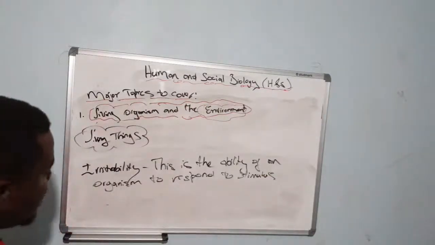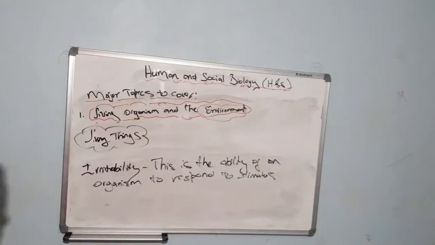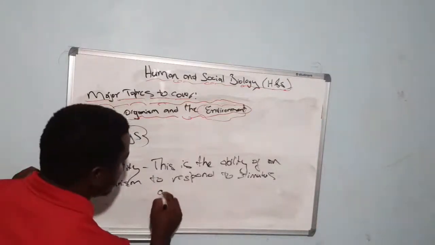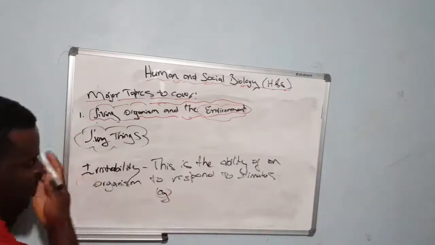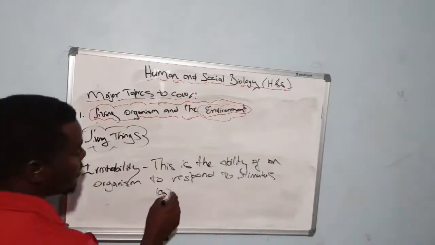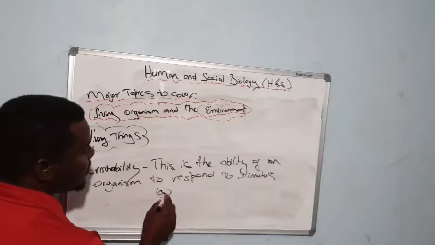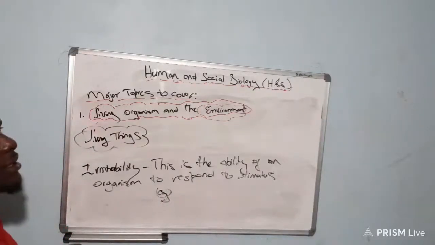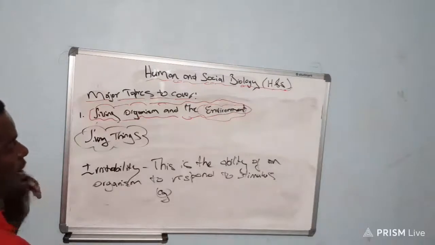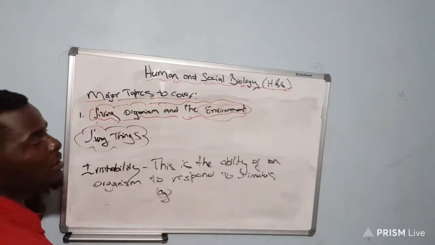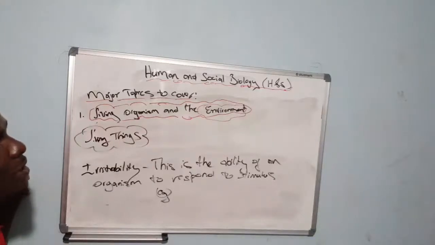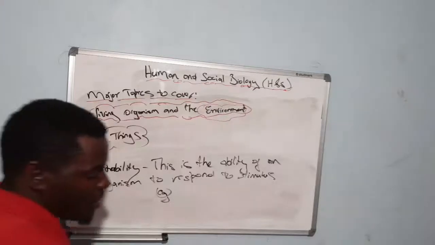For instance, you would have seen the green lizard changing, or the shame old lady tree, you move towards it and you would have noticed it changes. The ability of an organism to respond to stimulus.